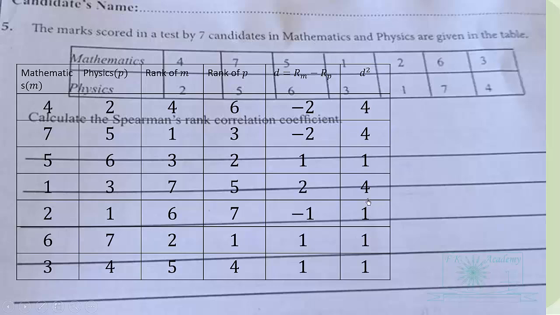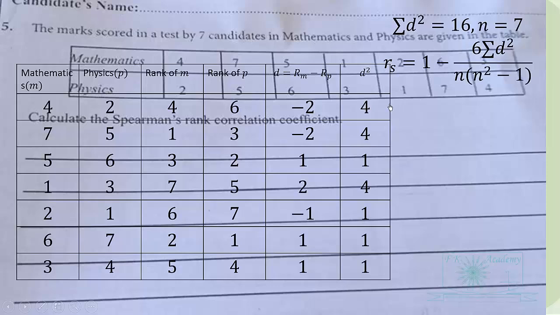Now the Spearman's rank correlation coefficient is given by this formula: 1 minus 6 times the summation of d squared over n times n squared minus 1. And the summation of d squared is this one. When we sum them, we get 16. And then also the number of pairs, we have 7 pairs over here.